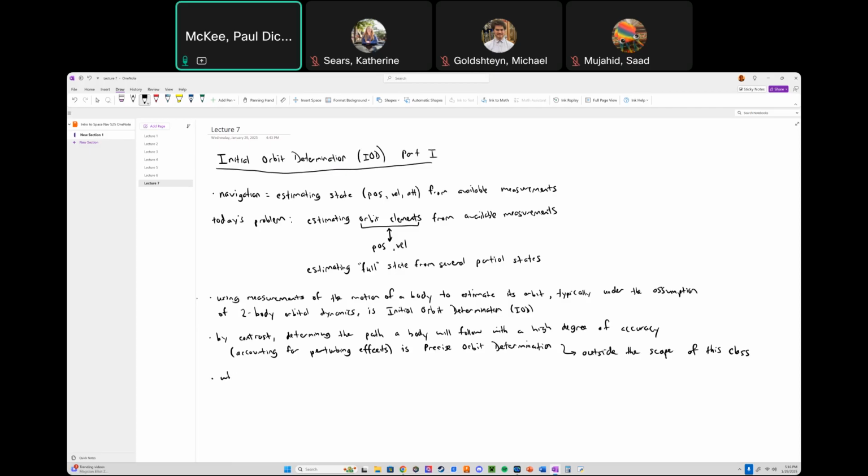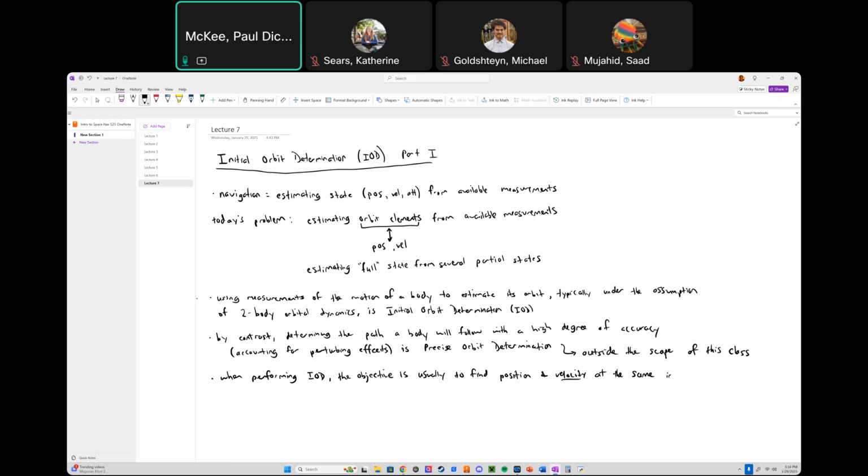When performing IOD, the objective is usually to find position and velocity at the same time.